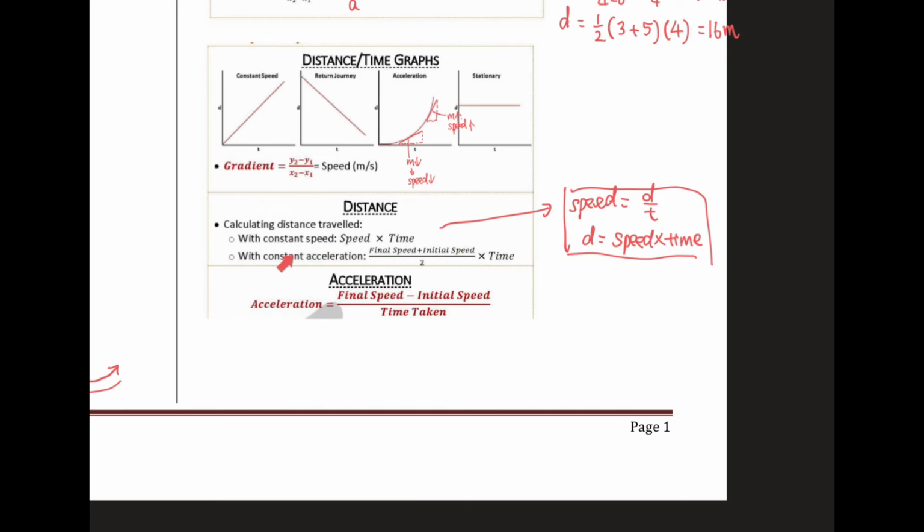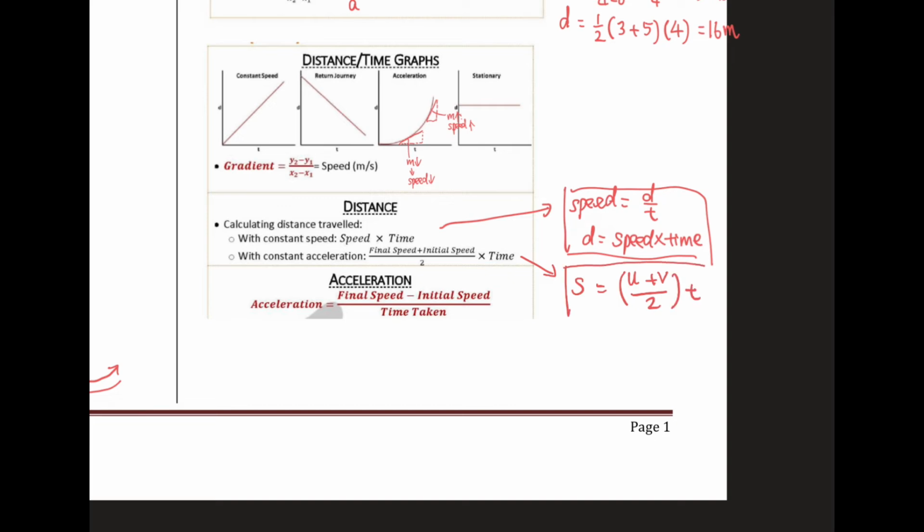So if there is an acceleration, distance equal to final speed plus initial speed over 2 multiplied with time. Of course, normally we represent it using this formula: distance equal to u plus v over 2 multiplied with t.